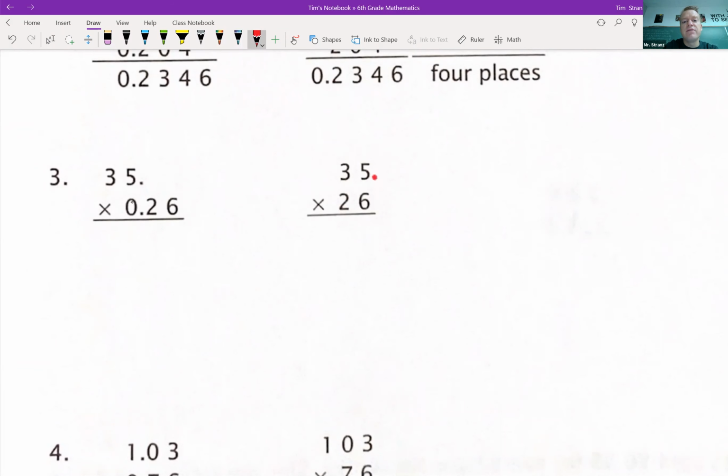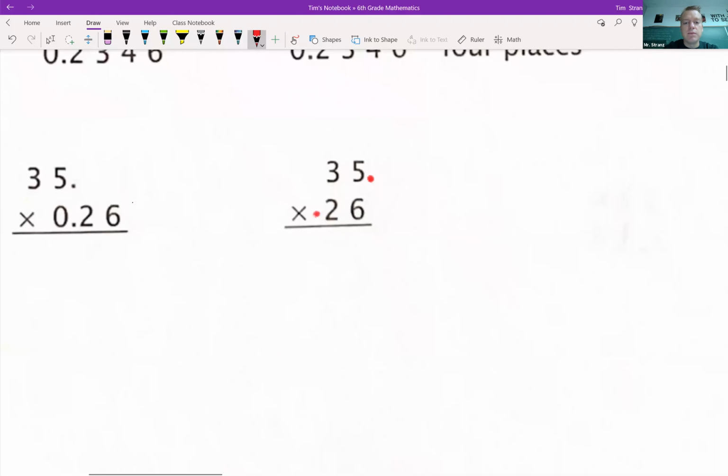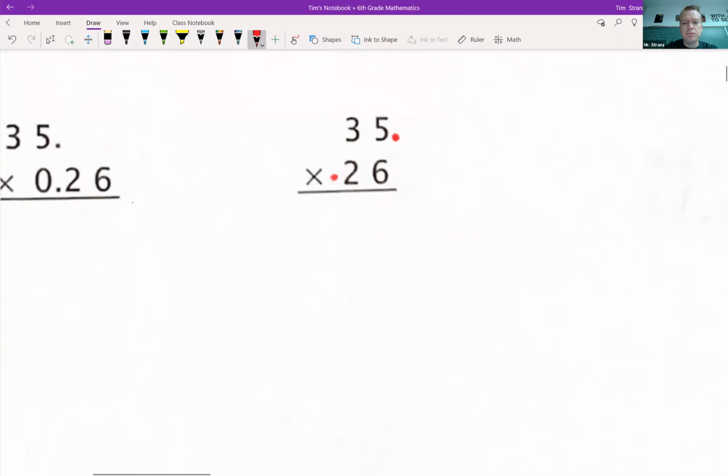So 35, the decimal is going to go at the end, okay? And this one is 0.26. I'm just going to put the decimal here. I'm going to just multiply like normal and then count my decimal places after, okay? So if we multiply like normal on this one, 6 times 5 is 30.